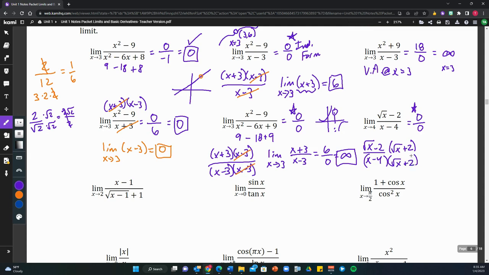By multiplying by the conjugate pair, the numerator becomes a difference of squares. So we square the first term, square root of x squared is just x, minus the second term squared, 2 squared is 4. That leaves us with an expression that does not have the radical anymore. And what will almost always happen is this expression that's left in the numerator is going to be a common factor or a related factor to the original denominator.